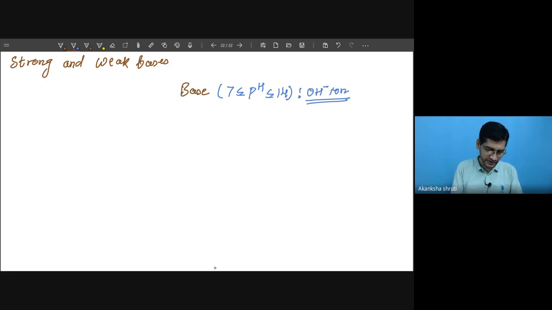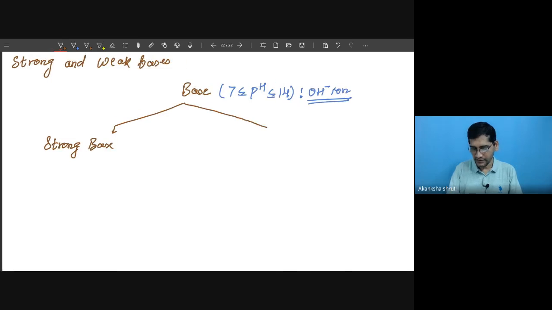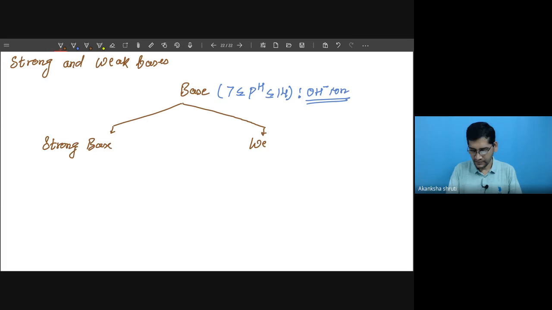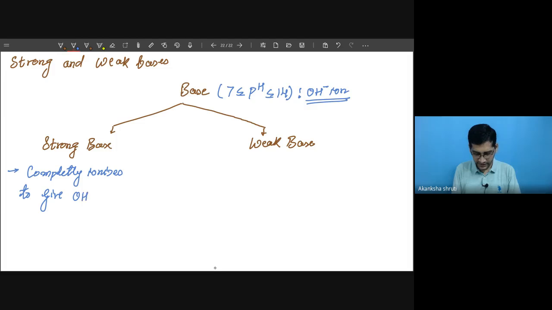So this can be further classified into the strong base and the weak base. A strong base is one of those bases which completely ionize to give OH minus ions.